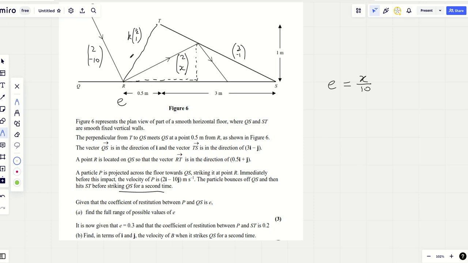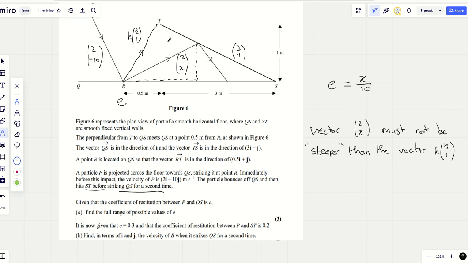If this is steeper than that vector there, then it misses ST, but we know it hits ST. So the way they've got this answer is they've simply noted that the vector (2, x) must not be steeper, in inverted commas, and I'll explain that a bit more, than the vector k times (1/2, 1).